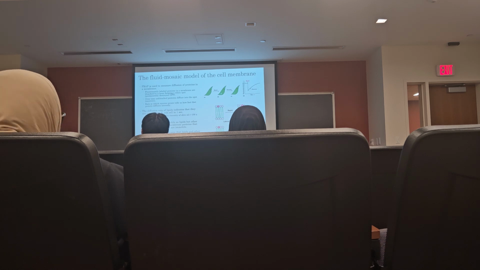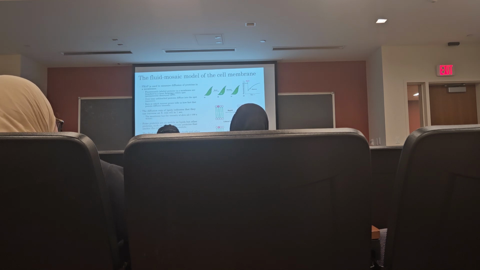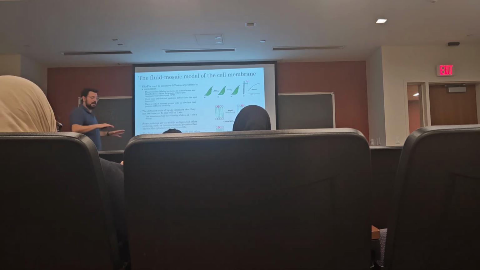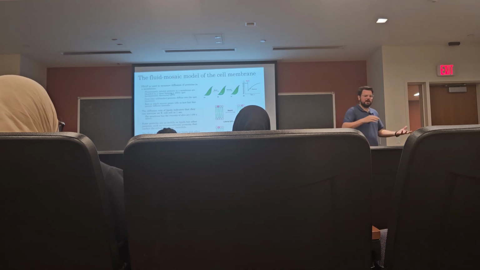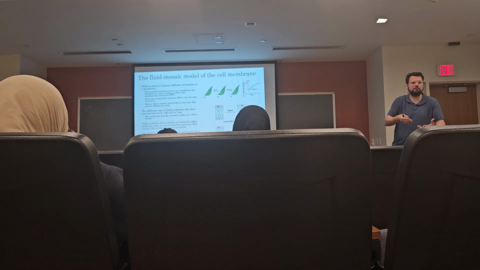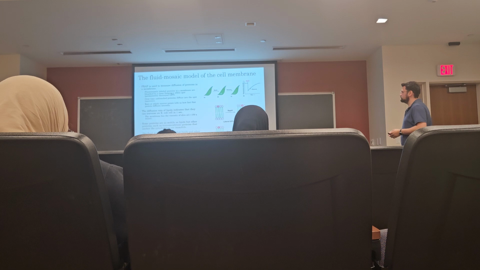So this equation is also in your book. The higher the diffusion coefficient, the higher the D value, the more free to diffuse that protein is. So you might imagine a very small protein will have a high D value because it's got less mass to move around, so it's free to diffuse more than, say, a large protein. A large protein has more mass, so it moves more slowly, so you will have a smaller D value, a smaller diffusion coefficient.